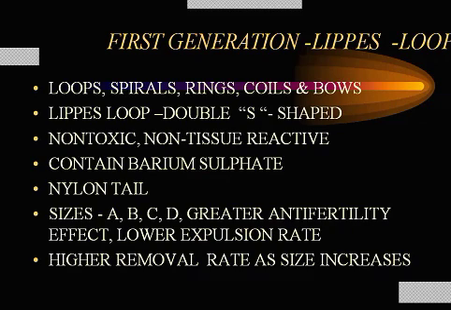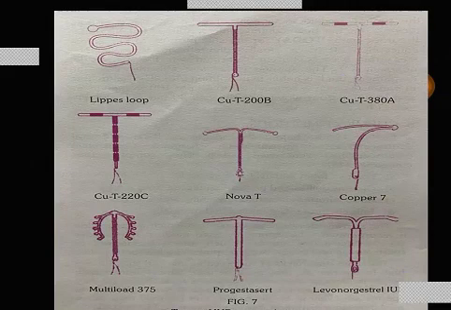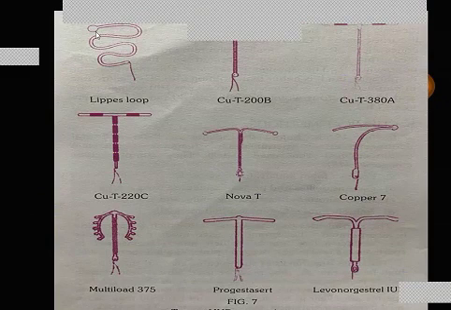The most widely used among these first generation IUDs is the Lippes loop. The Lippes loop appears in a double S shape. You can see it in this image, the first one. This is a Lippes loop. The shape is a double S shape.